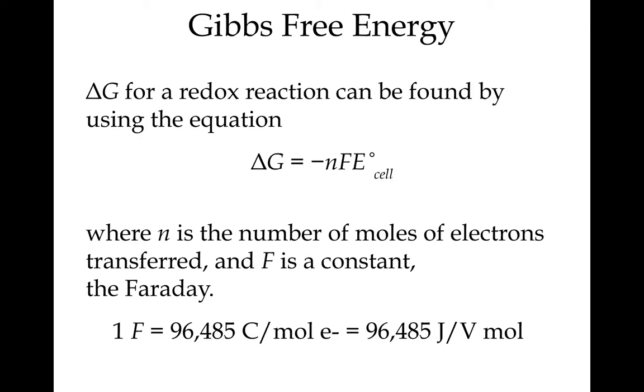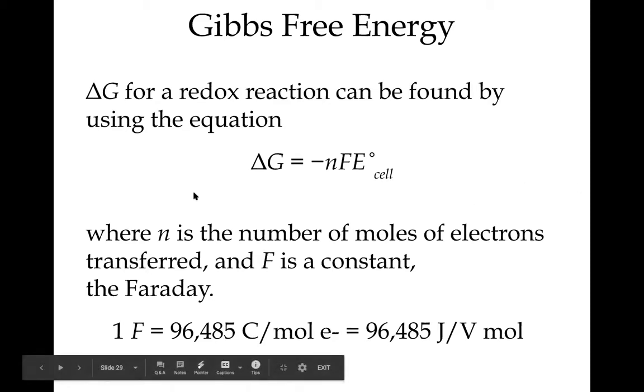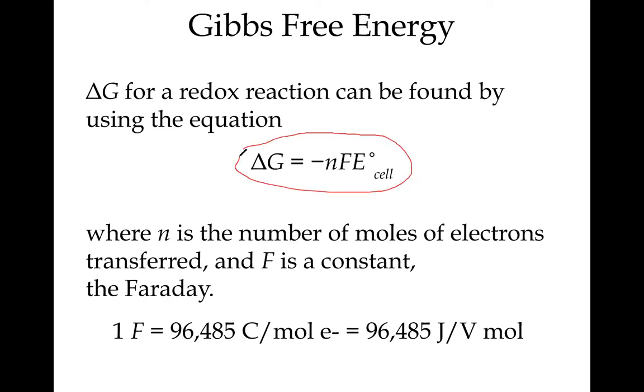When we apply Gibbs free energy, or the change in that free energy, to a redox reaction, we can use this equation here. Delta G equals negative nF times the cell potential, okay? What is that? n is going to be the number of moles, and F is going to be a constant.